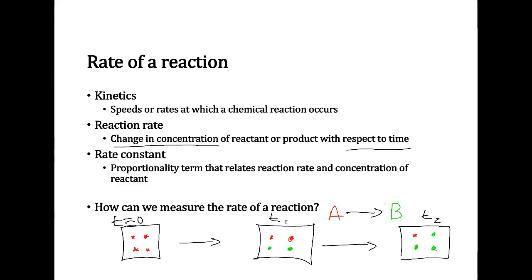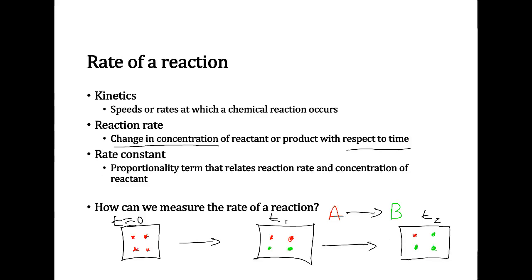So we have 4 molecules of A going on to form 2 molecules of A that haven't reacted plus 2 molecules of B that have formed. So 2 molecules of A have decomposed. Okay? And then going on all the way over to time 2, another molecule of A has decomposed and another molecule of B has been formed.